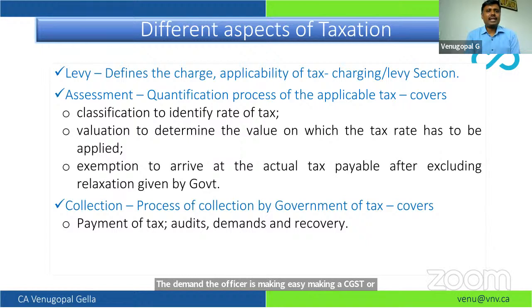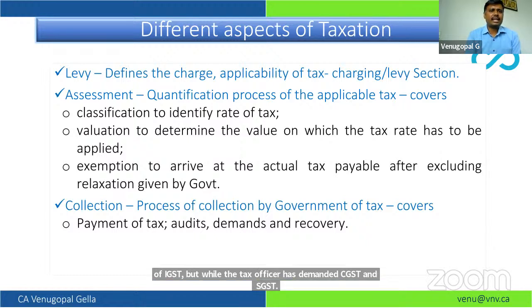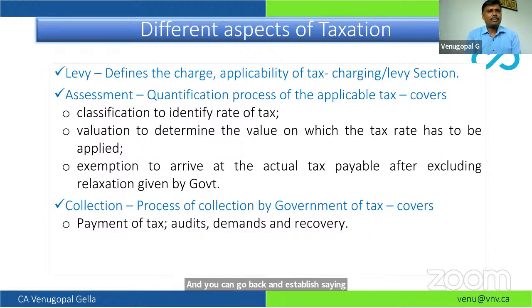Just because I have an income in the P&L, and I still have section 12 and 13 read with section 31, a different time of supply could be possible, right? If any of these ingredients are not satisfied, the levy would fail. Again, another simple example: if the levy is of IGST, but the tax officer has demanded CGST and SGST, you can go back and establish that yes, there is an income that has escaped, but no income of CGST, SGST has escaped.